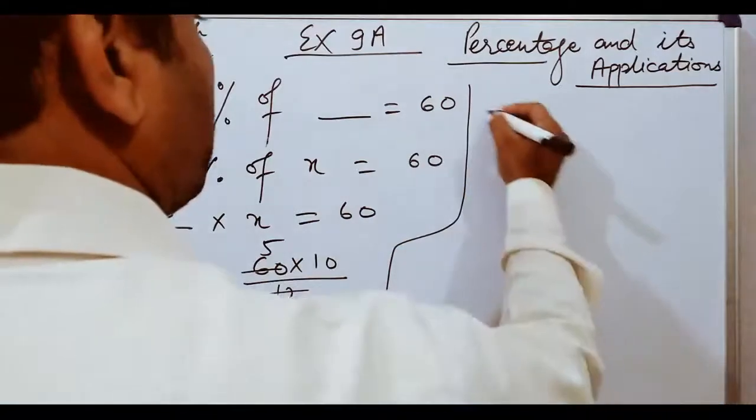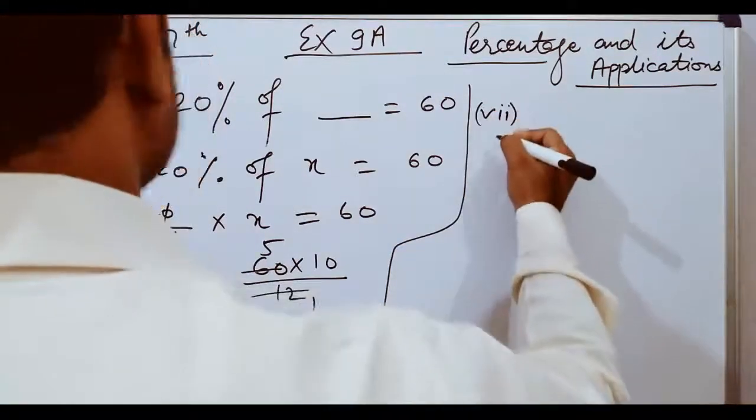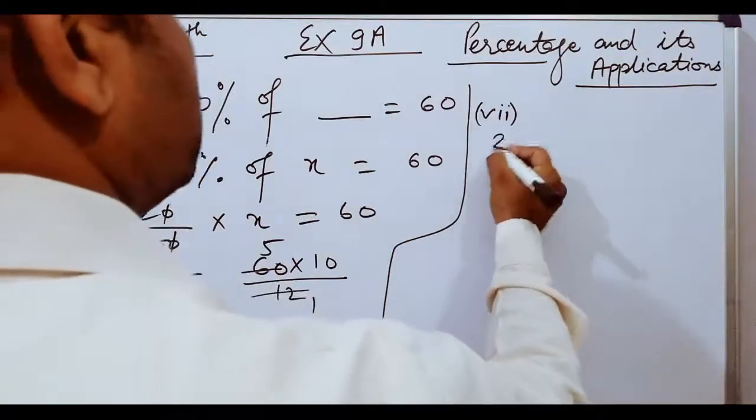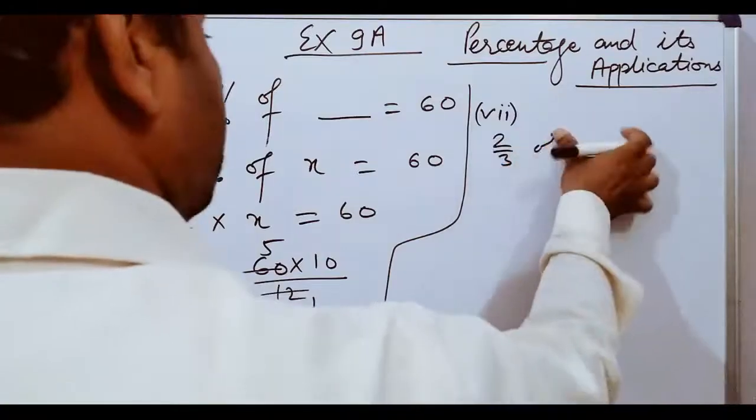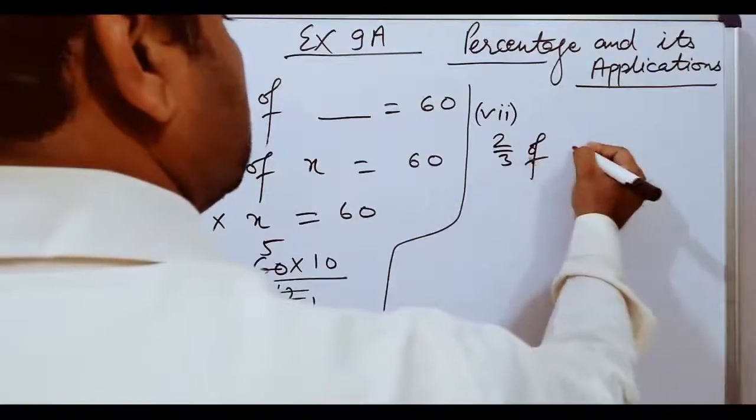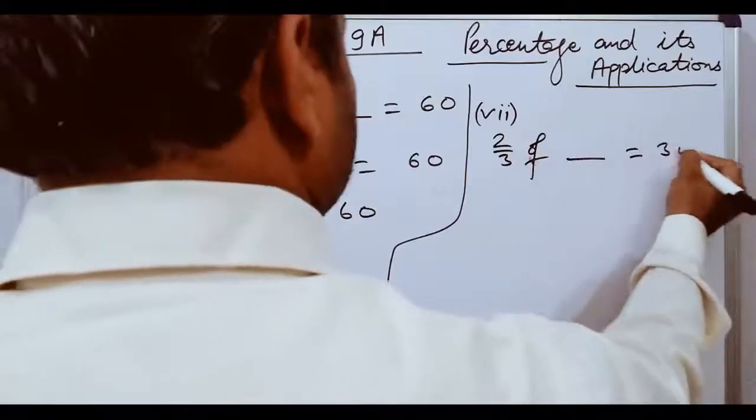Then seventh part of this question number 1. 2 upon 3 percent of dash equals 30.